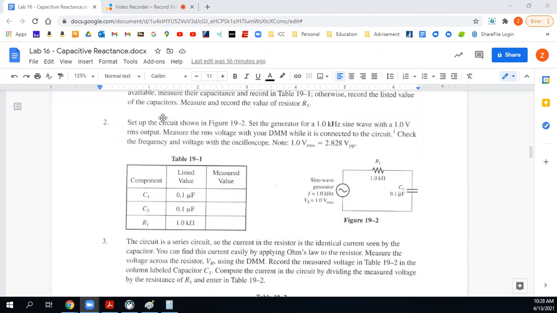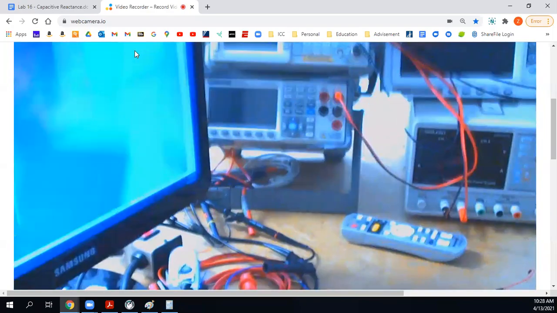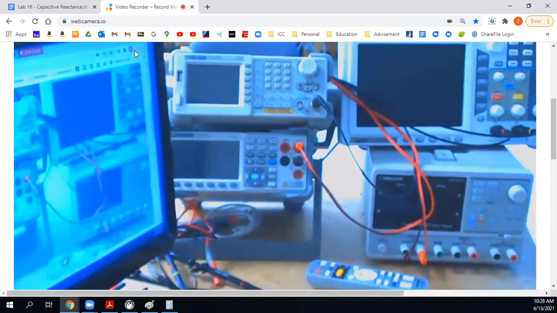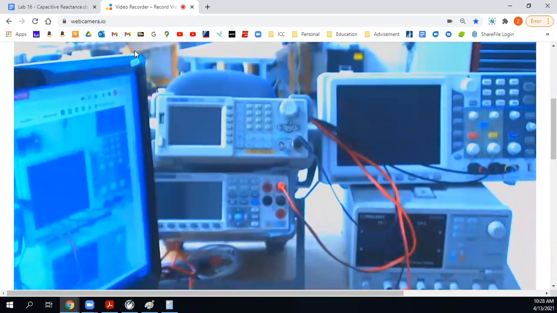Measure the RMS voltage. Measure and record the value of resistor 1. Okay. I can do that. You all should be able to do this on your own, right? You don't really need me to do this, do you?